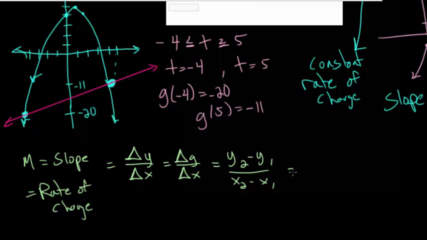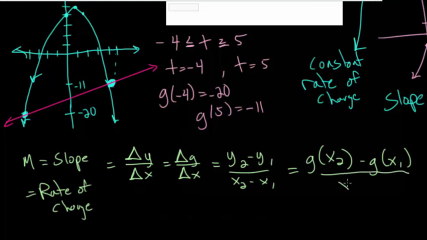Now, we could also write it in function notation, because y2 is the same thing as g of x2, where you just plug in your x2 value into the function, and that will tell you your y value. These are equivalent to each other. So you'd have g of x2, and then we'd subtract g of x1, since that's really just y1. We plug in x1 to our function, and we get the y value associated with it.